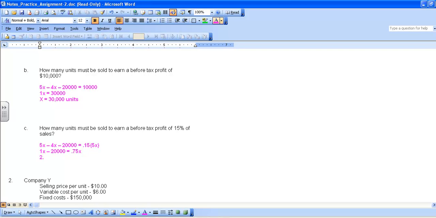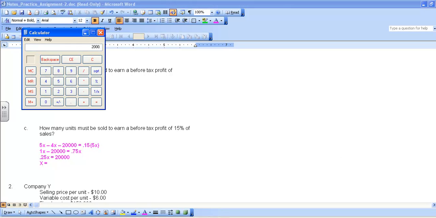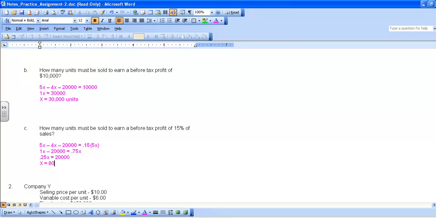Then we have 0.25x equals 20,000. So x is going to be equal to 20,000 divided by 0.25, 80,000 units.